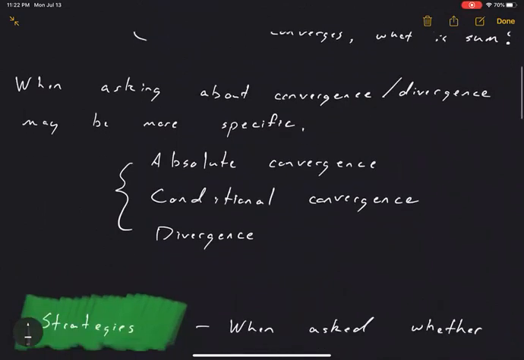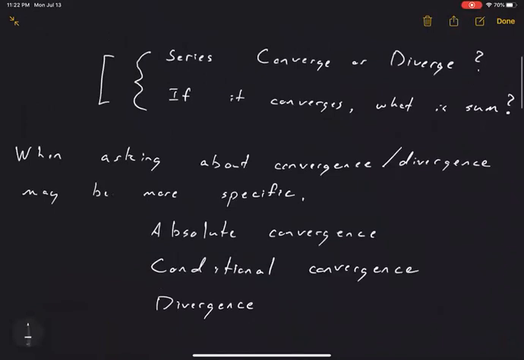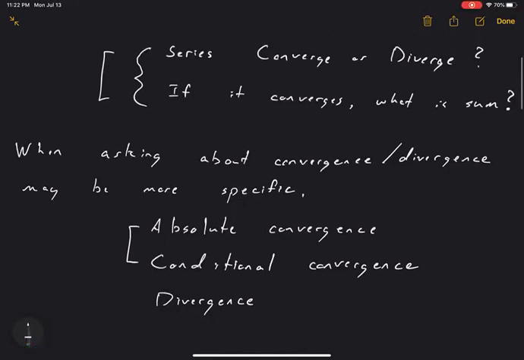We could think of the general questions as these two, and then absolute convergence versus conditional convergence, we're looking at convergence, and we're just getting a bit more specific. We're giving a bit more detail. So these two ideas are just more detail about convergence.